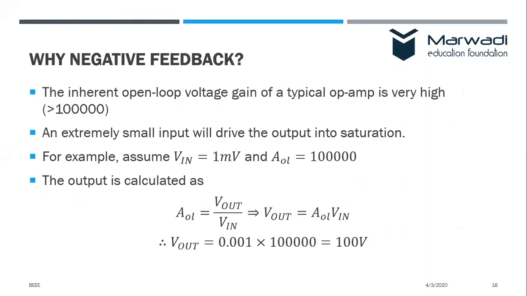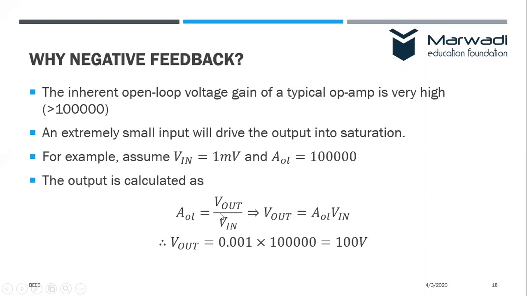For example, the inherent open loop gain of a typical operational amplifier is very, very high, greater than 100K, 1 lakh, you can say. So an extremely small input will drive the output into saturation. For example, let us say the input voltage is very, very small, 1 millivolt, and the gain is 100,000, that is 1 lakh.